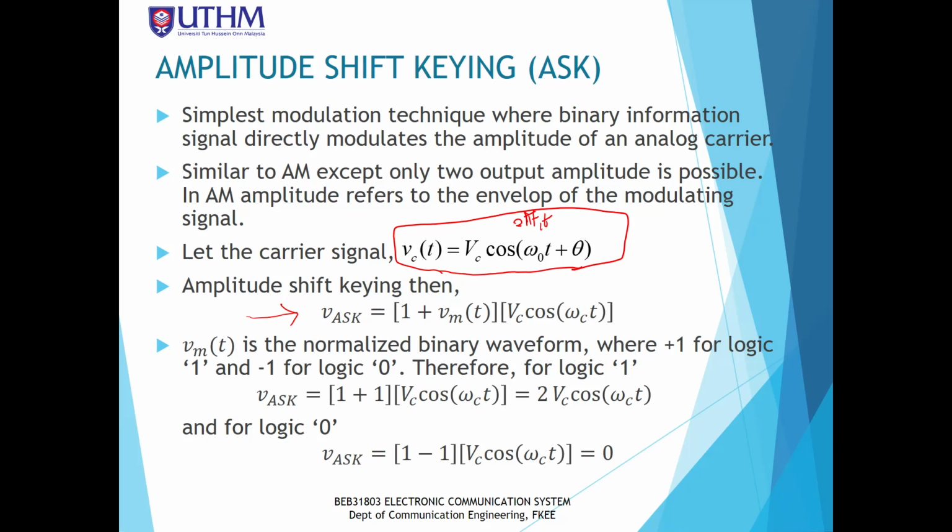Okay, untuk persamaan ASK, kita akan buat proses darab antara input, so this is the input and this is the carrier. Okay, so proses modulation ini sebenarnya dia akan melakukan proses darab secara mathematics. Okay, so we still use VM(t) as the input. So VM(t) dalam kes ini adalah 1 0, logik 1, logik 0, logik 1, logik 0 dan seterusnya.